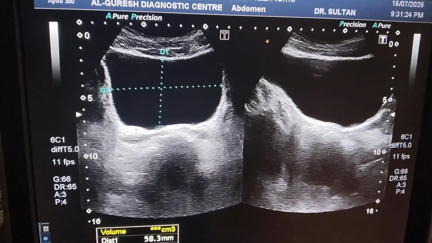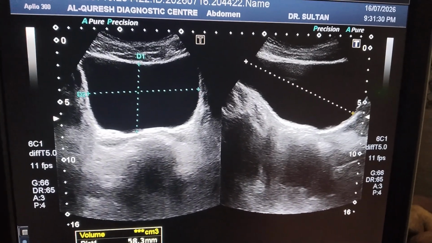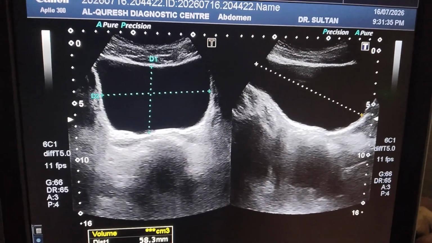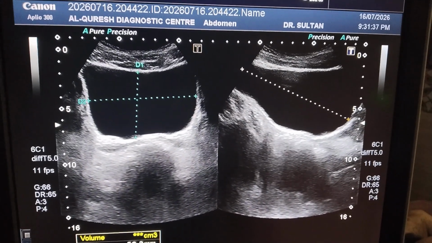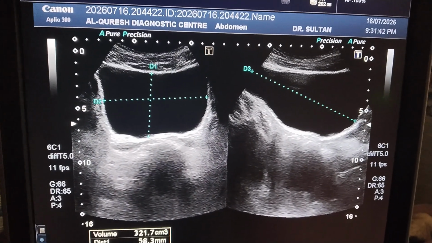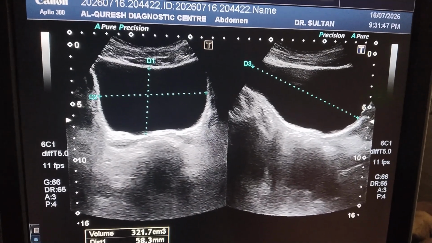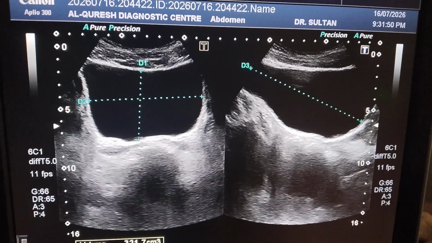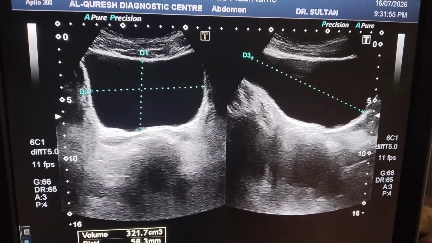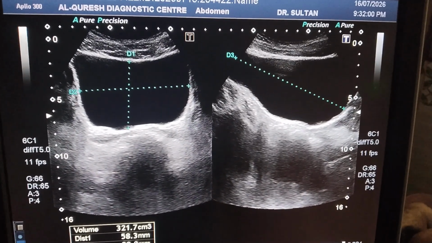Third is the length, also the inner to inner diameter. In this way we can calculate the volume of the urinary bladder in this patient. This is almost 321 milliliters. This is the method of calculating the volume of the bladder, and these measurements should be taken.